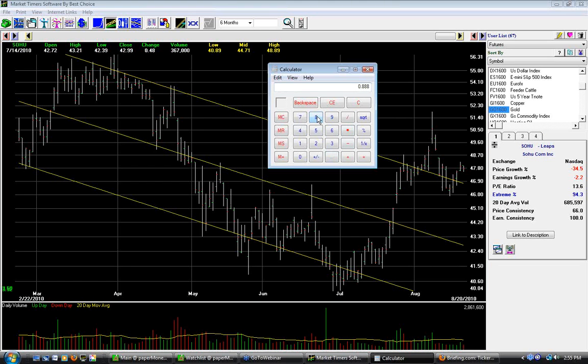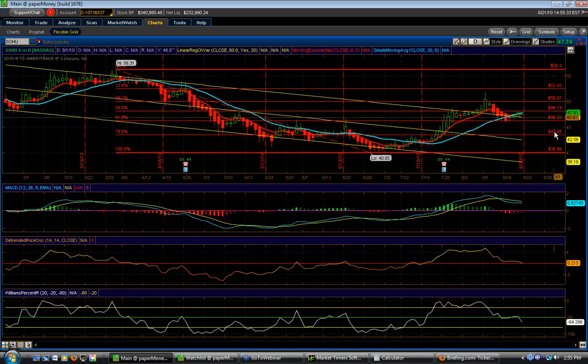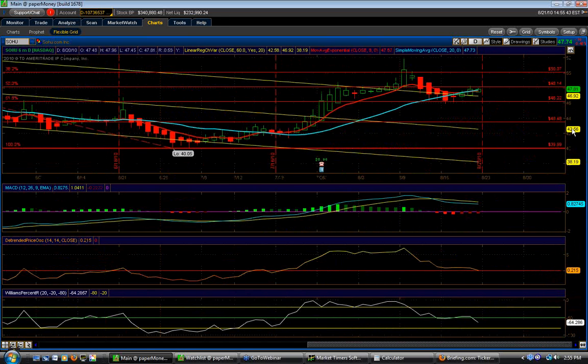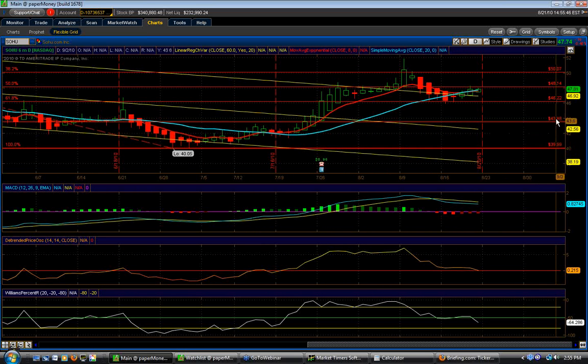What's my average target that it could get to? 42. Right in between here and here, 42. So I know that if it busts through that, I should be taking some profit off the table.